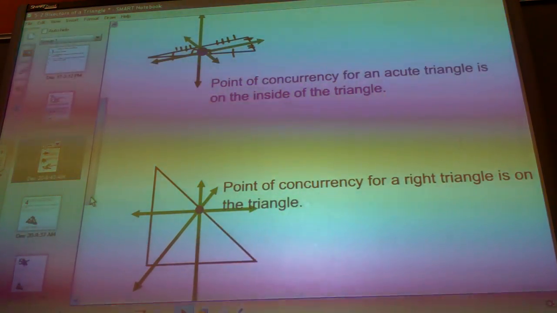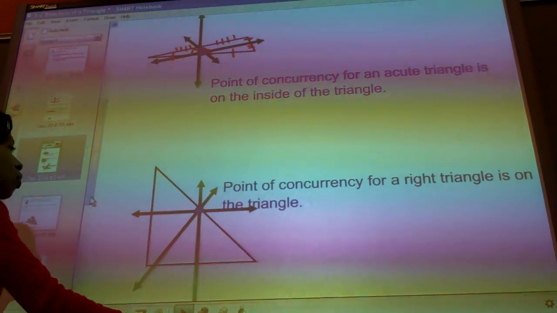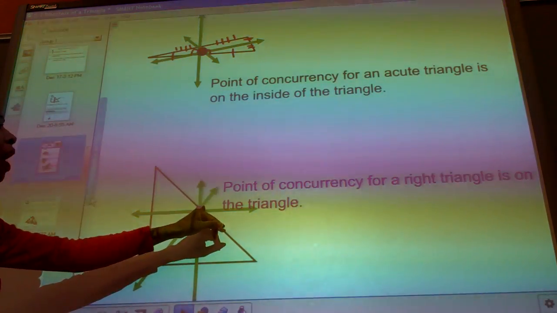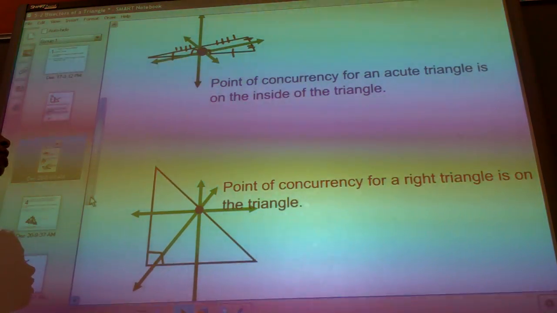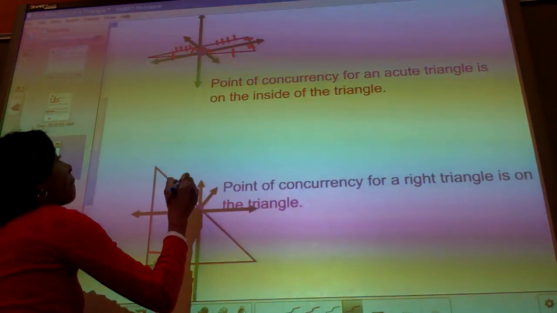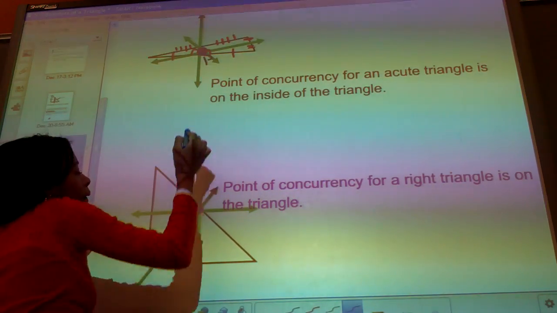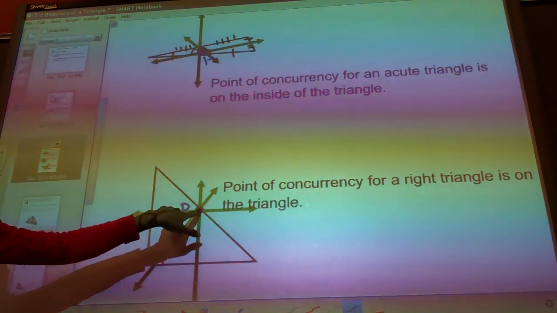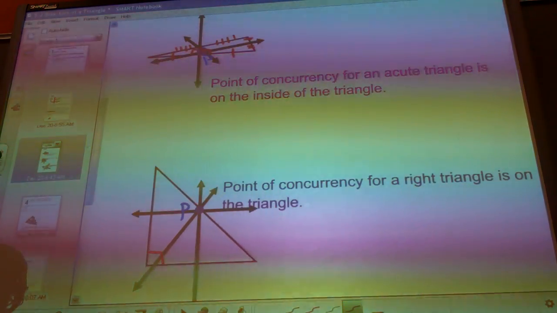Now, here's my second type of point of concurrency. I have a right triangle, and as I stated, on a right triangle, the point of concurrency, my point P, lies on the triangle.